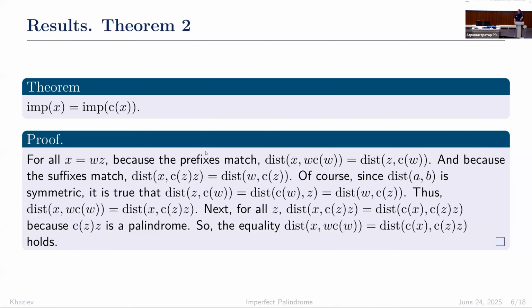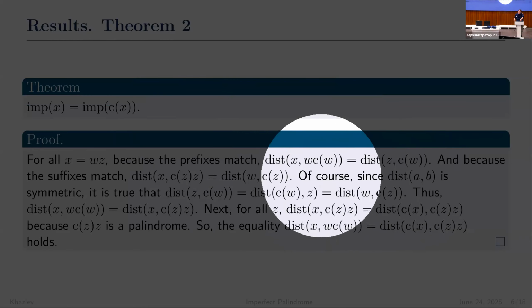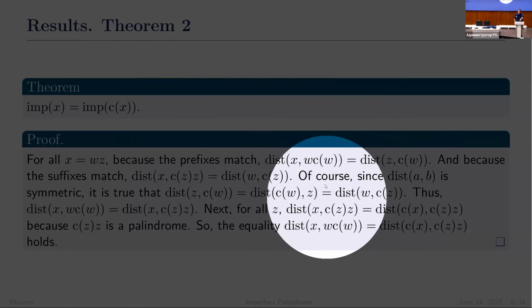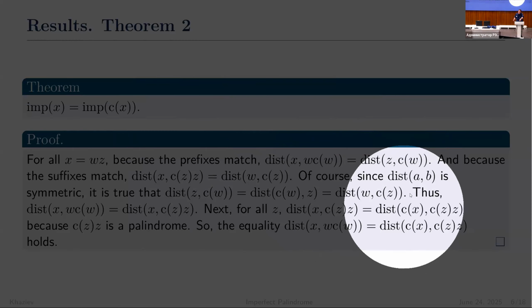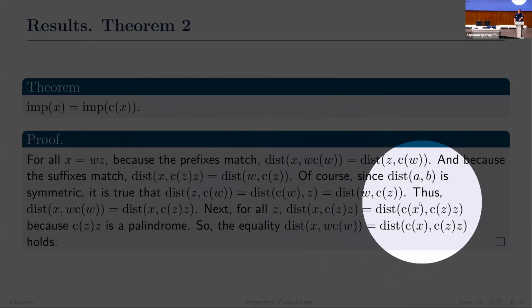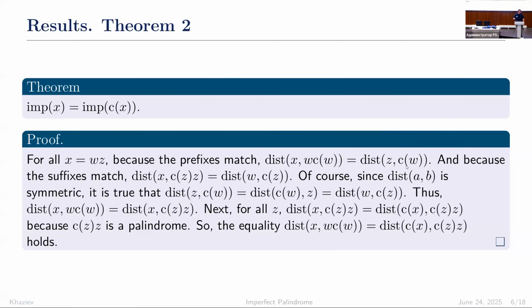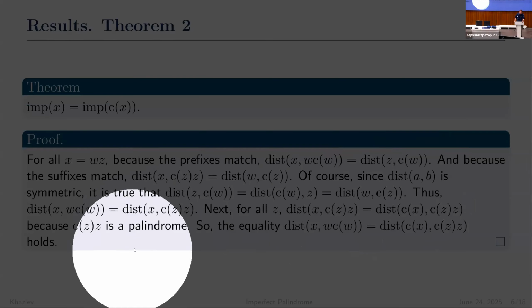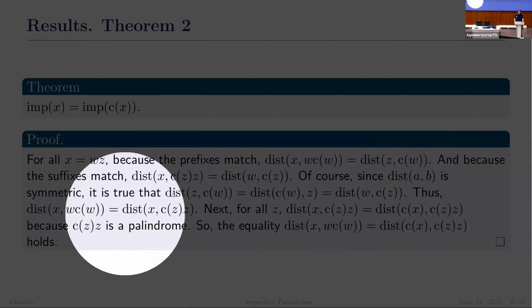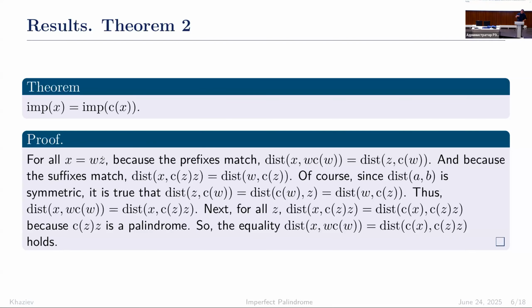And for all z, it is true that the distance between x and C of z concatenated with z is equal to the distance between C of x and C of z concatenated with z, because C of z concatenated with z is a palindrome by itself.